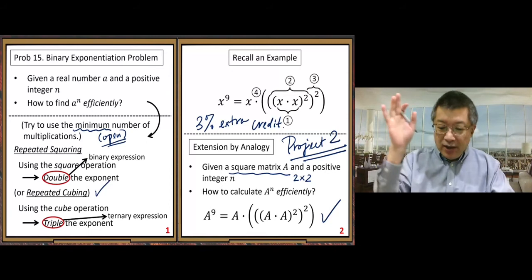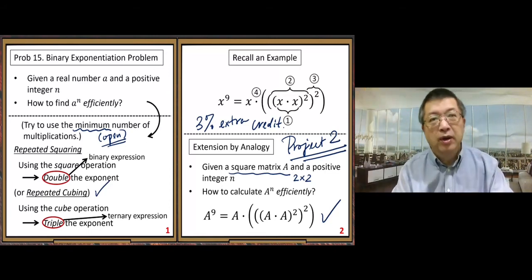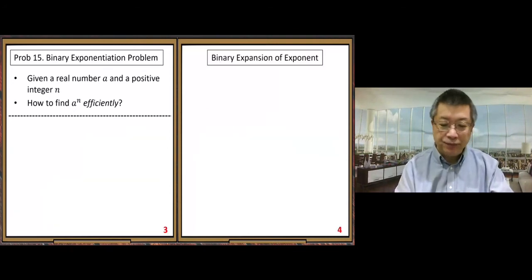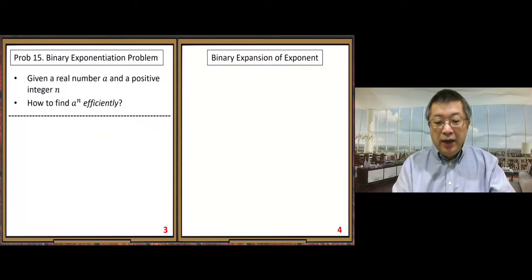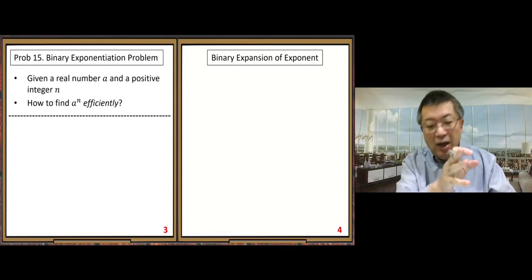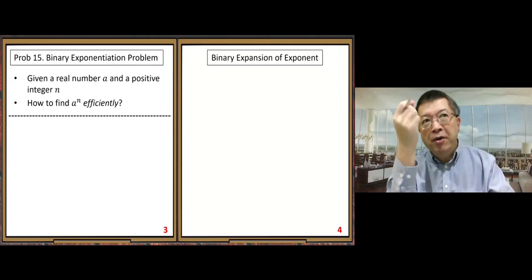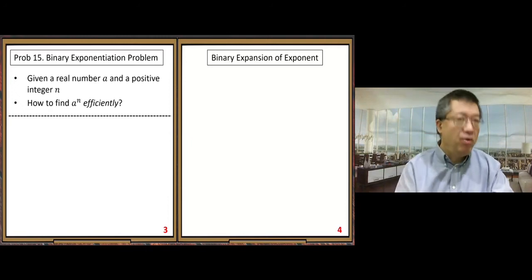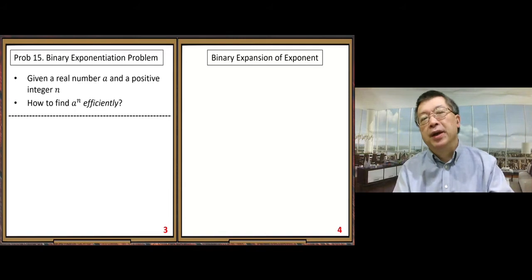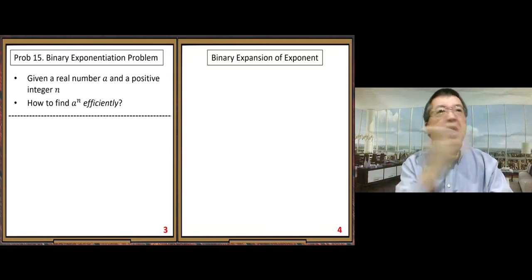All right. So let's get back to our original binary exponentiation question. Here, we want to get to the binary expansion of the component number n. Our problem size n. We want to look at its binary representation or expansion.